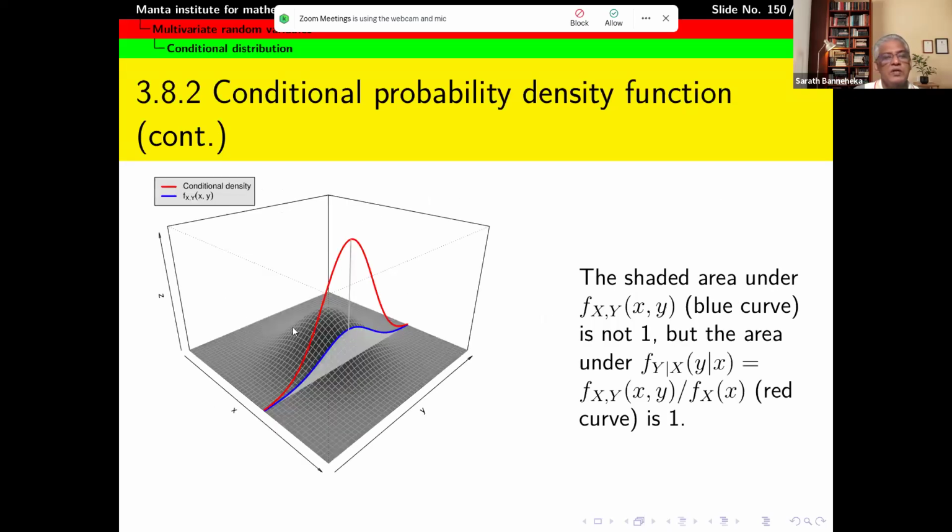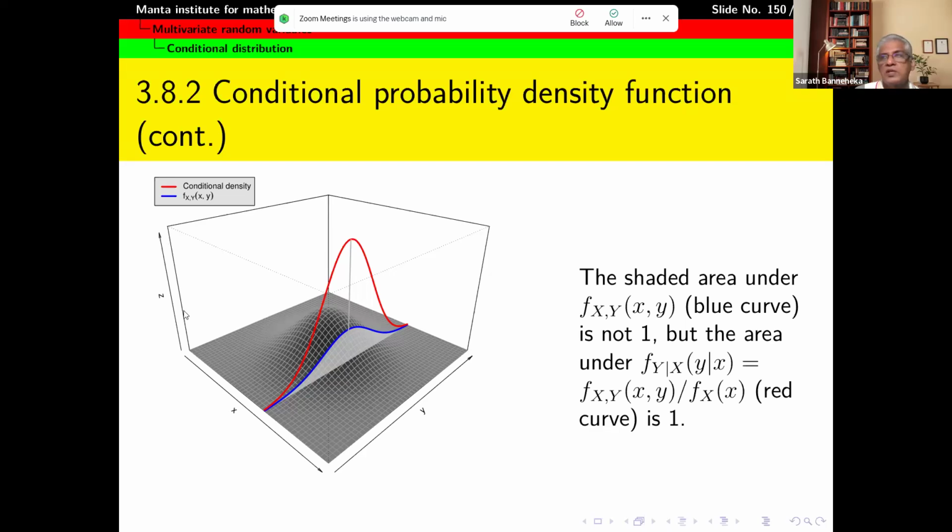Suppose this is the joint density surface of x and y here. It's like I have considered a bivariate normal distribution. Let's now consider the situation where I want to look at the conditional distribution of y given x equal to some value. This is the x-axis, this is the y-axis.